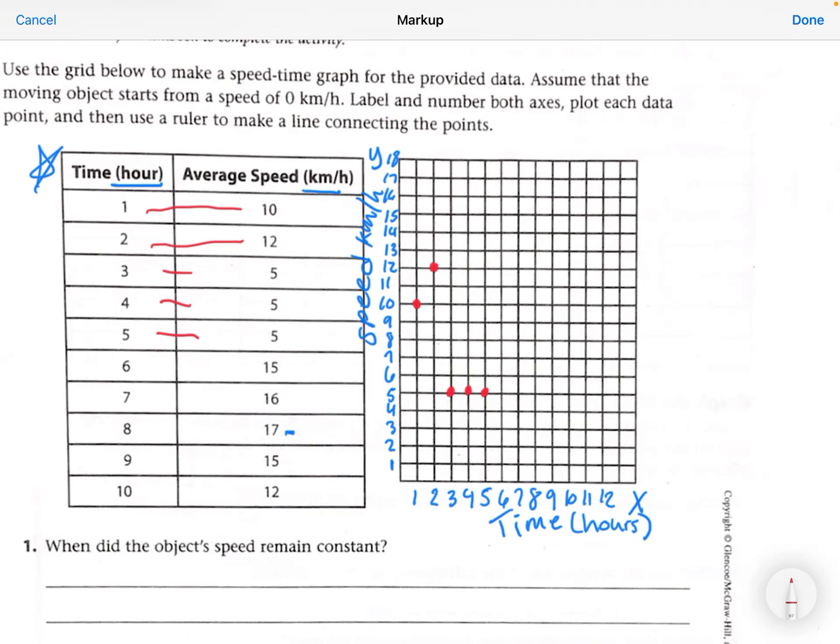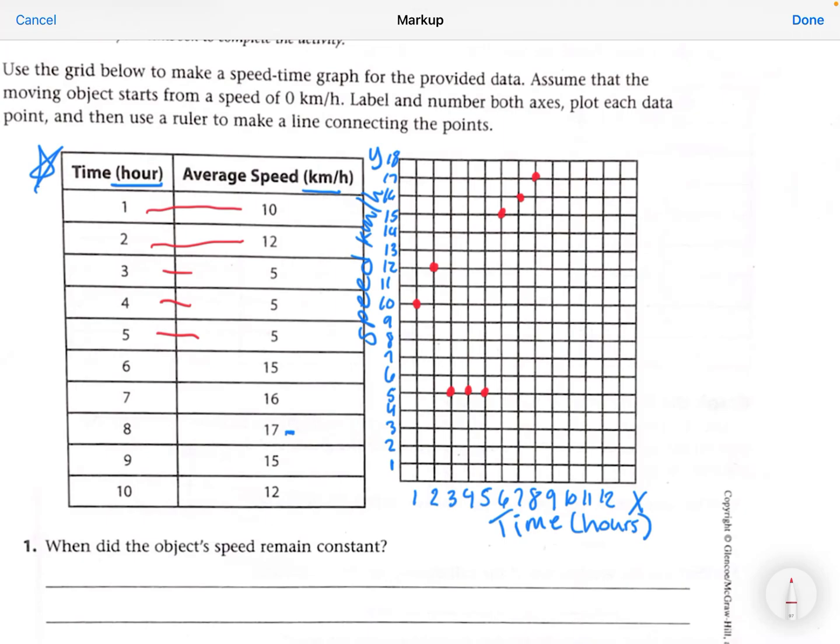Okay, for hour number 6, we were at 15 kilometers per hour. For hour number 7, we were at 16 kilometers per hour. For hour number 8, let's see, we were at 17 kilometers per hour. And hour number 9, we were back at 15 kilometers per hour.